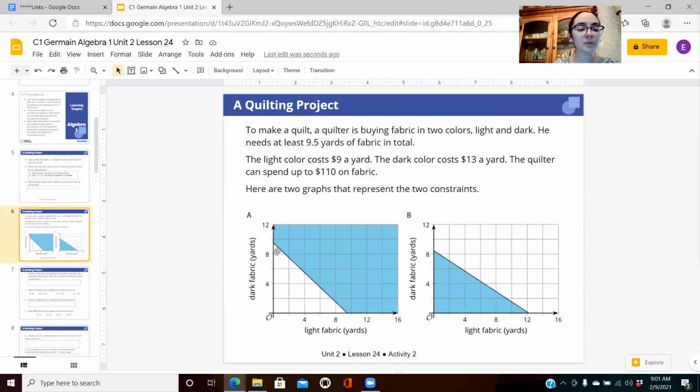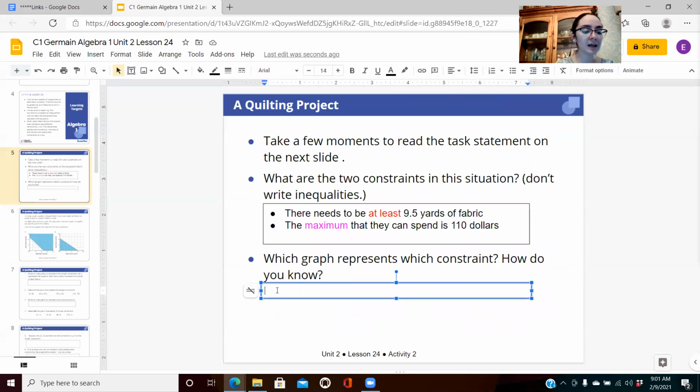Very good, because we're saying you need at least 9.5, so the amount of fabric that you buy is going to be greater than 9.5 yards total. Very good. So A is going to go with the yard requirement.